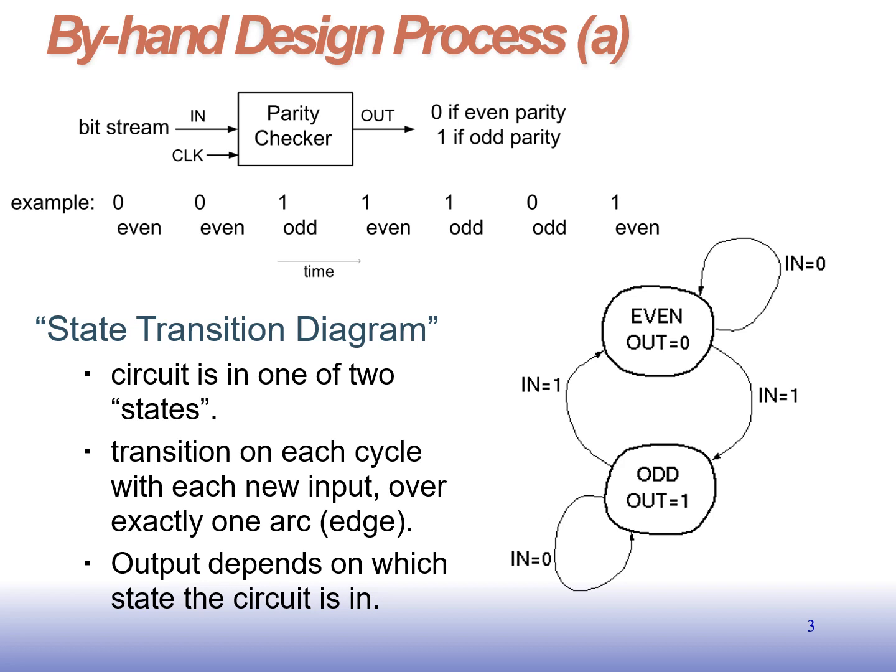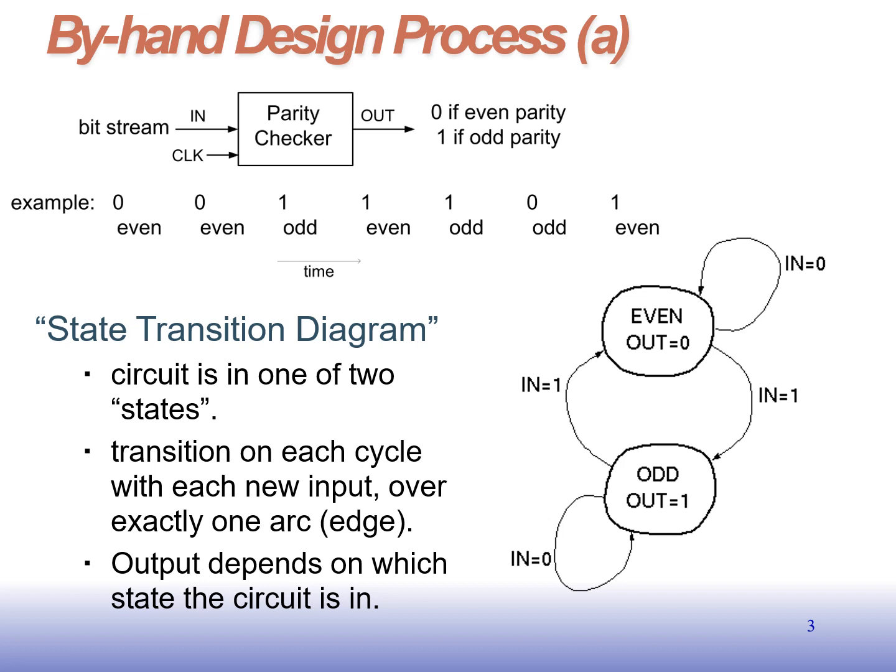First the input is 0. Input 0 means the first input, so automatically there are no ones, the output is 0, and it states that it is even parity. If the input is 1, the sequence has an odd number of ones, so it is odd parity and the output is 1.